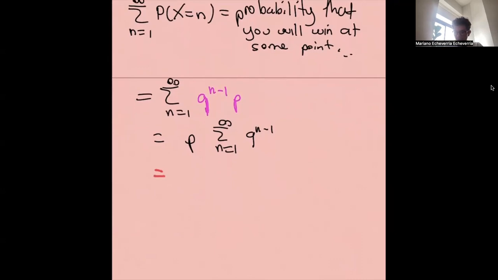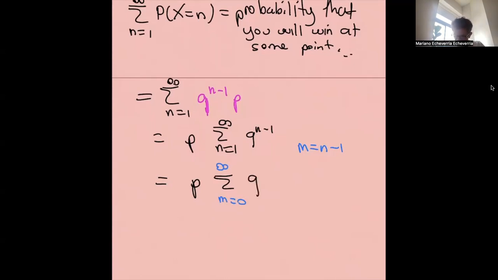Right. Okay. So we can do this trick of reindexing the series. I don't know if you remember this trick. You can call n minus 1 m. It's a change of variables, right? So this becomes the series from m equals 0 to infinity of q to the m. Is that making sense?